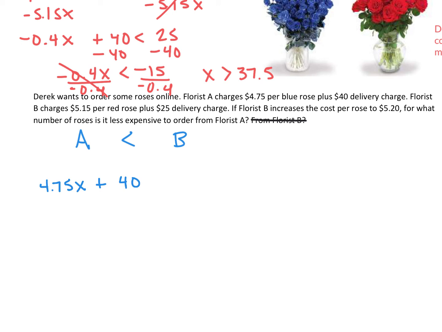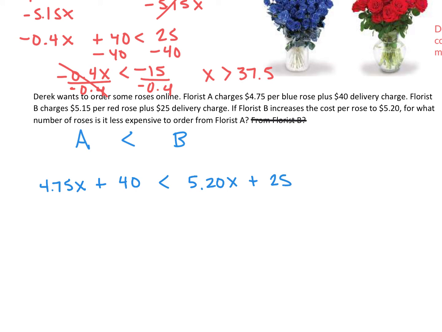How many roses does it take for that to be less than florist B, which now charges $5.20 times every rose that is purchased, plus their delivery charge did not change, plus 25. Okay, let's solve this and see what we get.